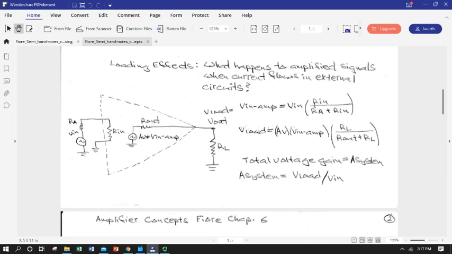If that's true, then this fraction becomes almost 1, and we don't end up reducing the signal that we can apply the gain to very much. So there's a good mathematical example of why we want a high input impedance.